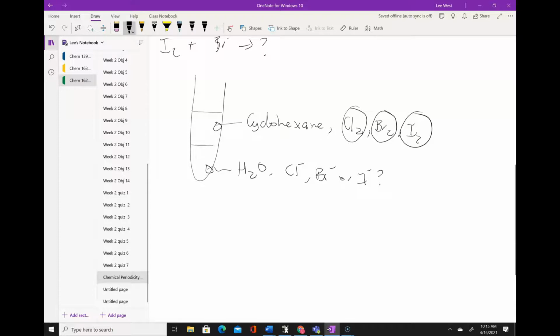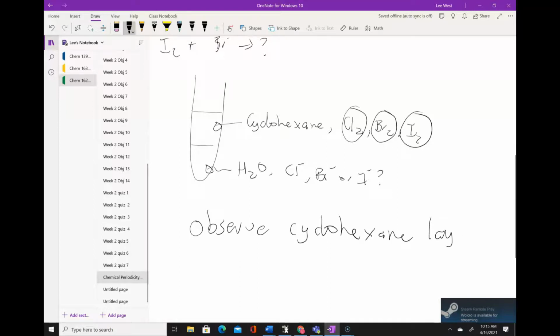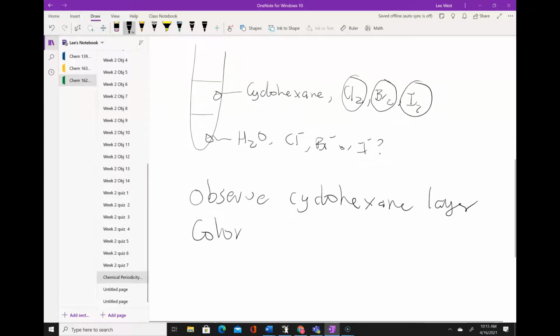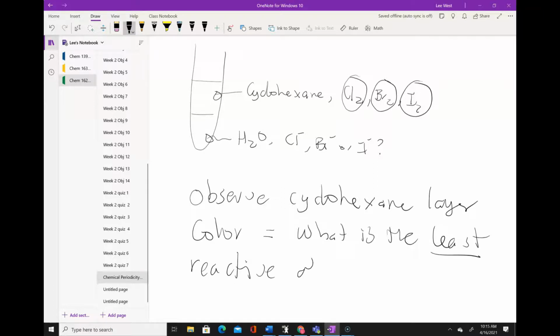So what we're going to do is observe the cyclohexane layer color, and that tells us what is the least reactive of the pair of halogens we're combining.